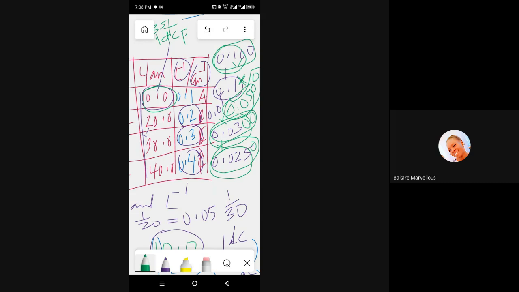Good. For 40.0, 0.025. Good. So you discover that our answers are consistent, they are in consistent SF, and the values are not affected. So is that it? Can we move on? Yes, sir. All right.